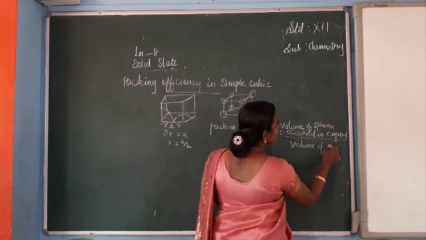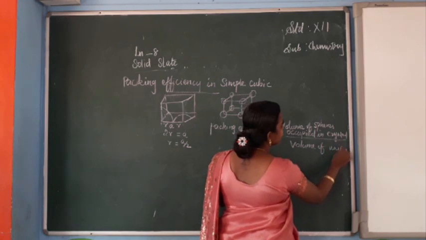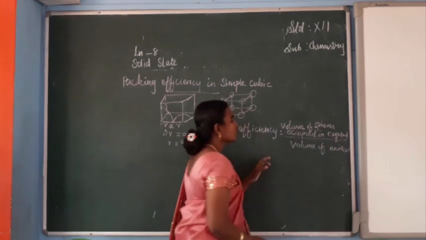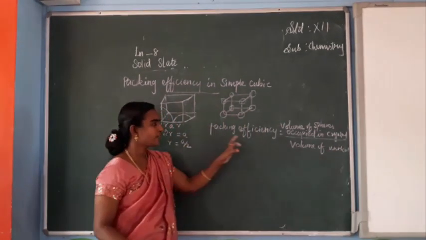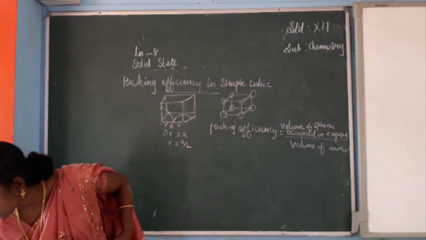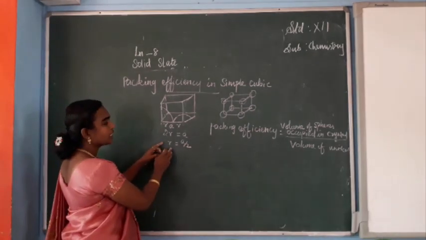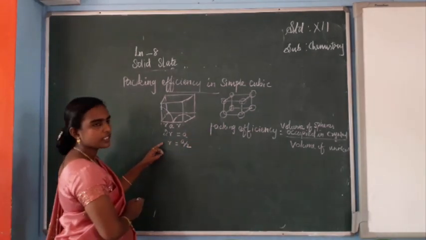The volume of the particular crystal is the volume of the unit cell. So packing efficiency should be calculated. We found the R value, so from this R value we can calculate the volume of spheres occupied.